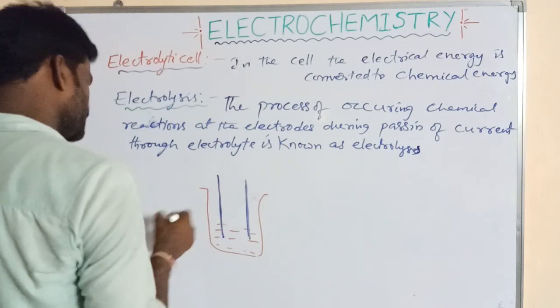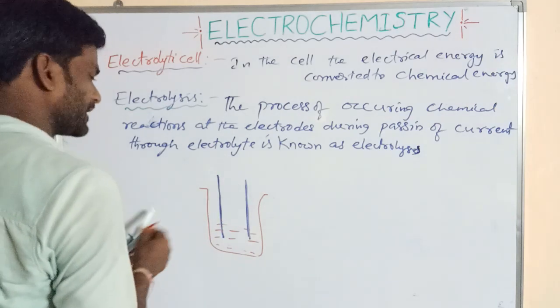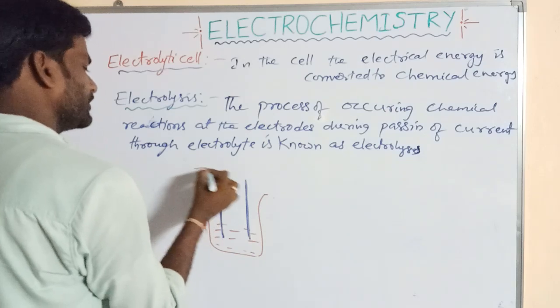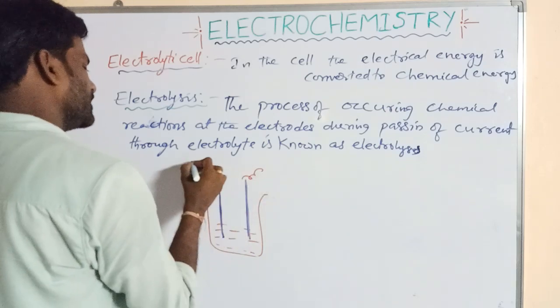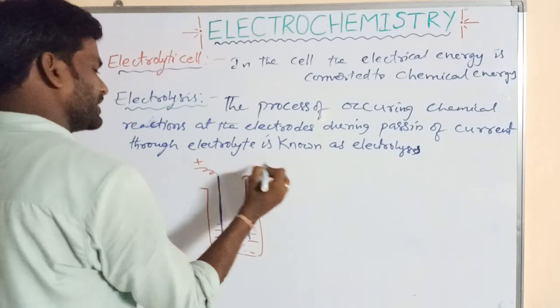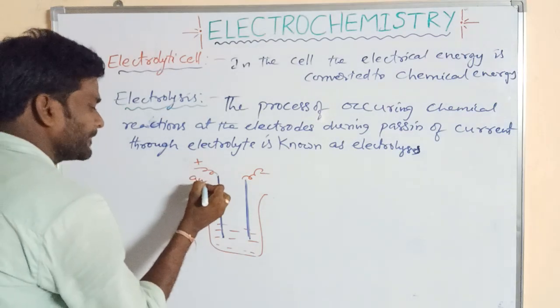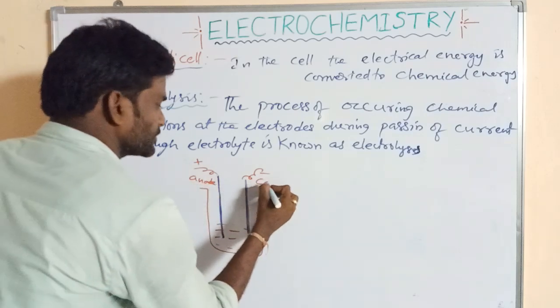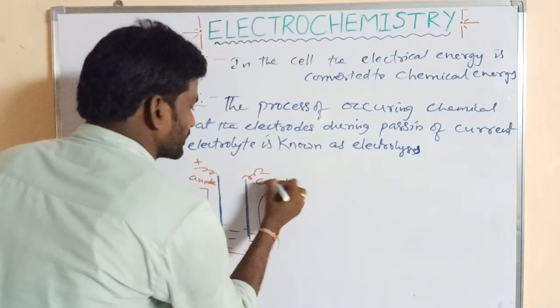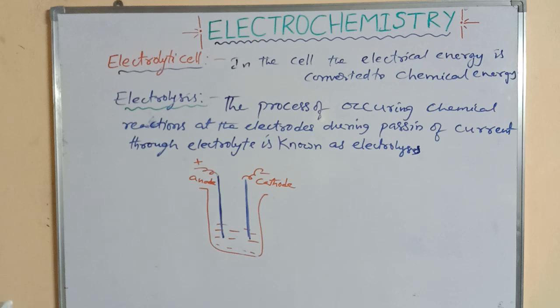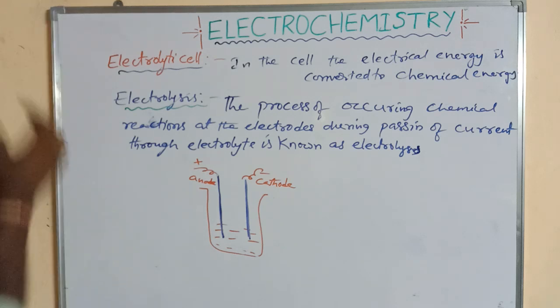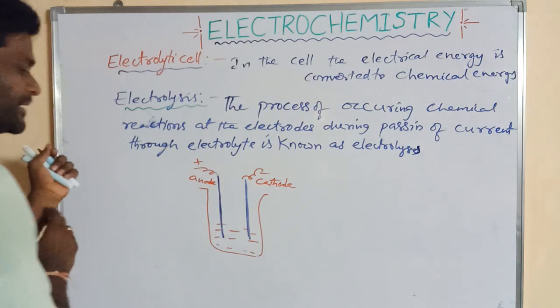These electrodes are connected with a battery, plus and minus. So this acts as an anode and this acts as a cathode. This is the electrolytic cell.